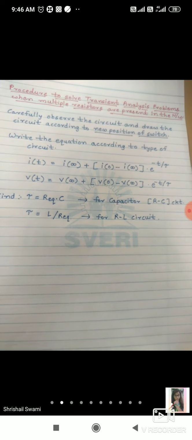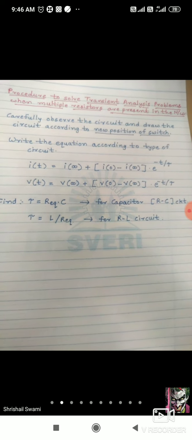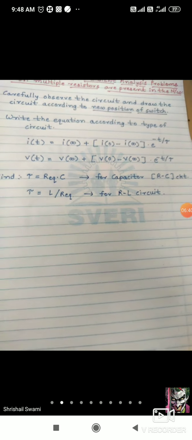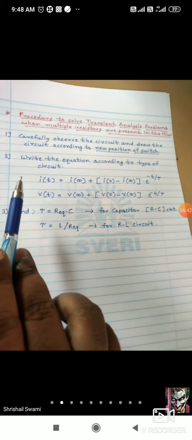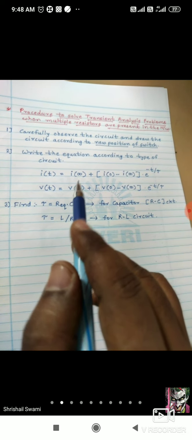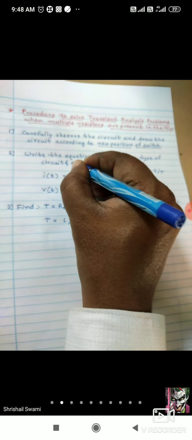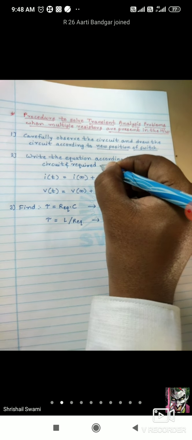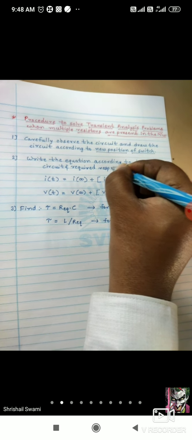Okay, wait one minute. Now once again I will repeat. Write the equation according to the type of circuit. Whatever the type of circuit is, RL or RC, and according to that, which response is required, response means either current or voltage.